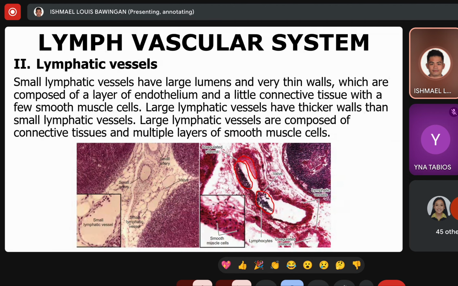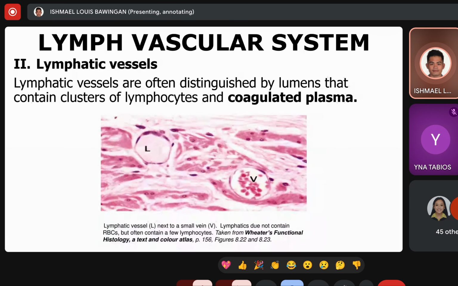Either way, if you see either coagulated plasma or lymphocytes in a vessel and no blood cells, then you're most likely looking at a lymphatic vessel. As you can see in this picture here, you have a lymphatic vessel on the left and a vein on the right. Structurally speaking, they're quite similar, and it's difficult to differentiate them. The key factor in differentiating them is the presence or absence of erythrocytes, or the presence of only lymphocytes.